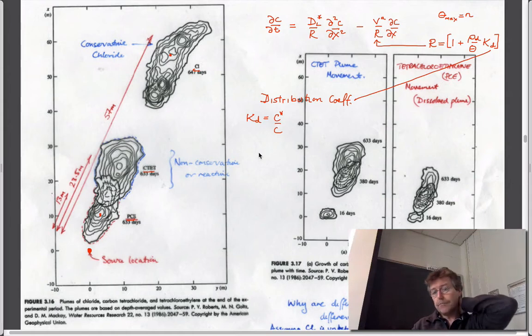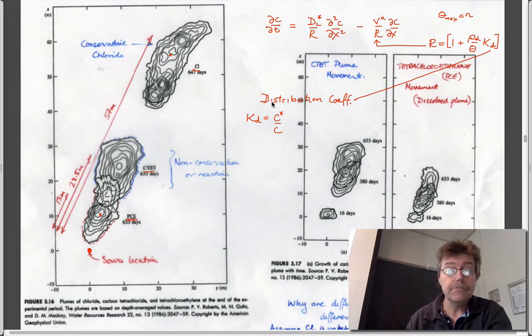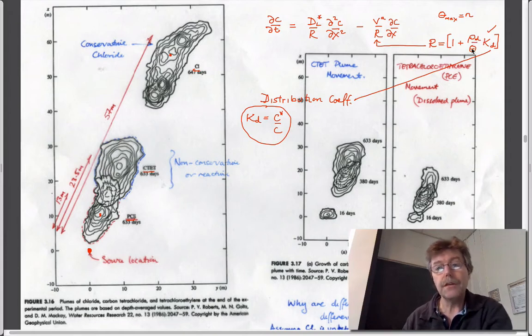We can pretty easily get KD, we could do it in the lab by just doing the experiment we talked about. We talked about this parameter being pretty tightly constrained. Bulk density, 2,000 kilograms per cubic meter of an aquifer, and porosities 0 to 30%, 0.3, something of that order.